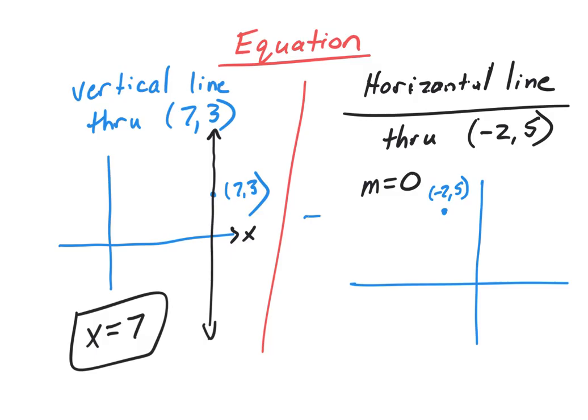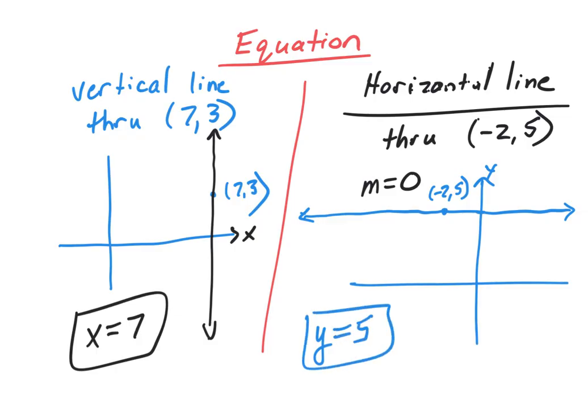And then it would be a horizontal line through that point. Okay, it's crossing the y-axis at 5. It's a horizontal line through the y-axis at 5. And so an easy way to remember to write the equation here is it crosses the y-axis at 5, so we just say y equals 5.